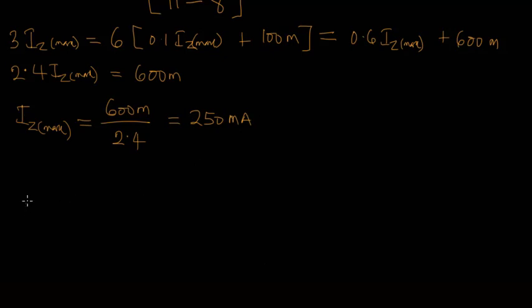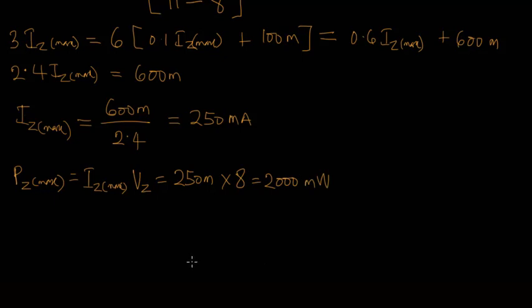The maximum power dissipated in the Zener diode is Pz max equal to Iz max times Vz, which should be equal to 250 milliamp times 8. That will be 2000 milliwatts or 2 watts.